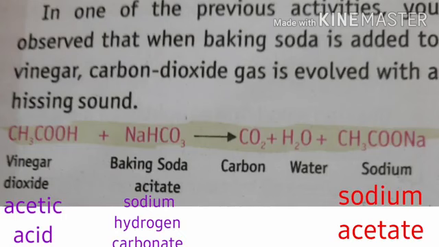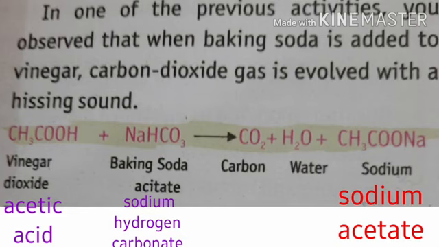Point second, sound may be produced. We observe that when baking soda is added to vinegar, carbon dioxide gas is evolved with a hissing sound. See the following equation: CH3COOH, vinegar, plus NaHCO3, baking soda.